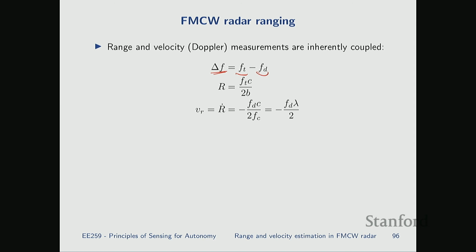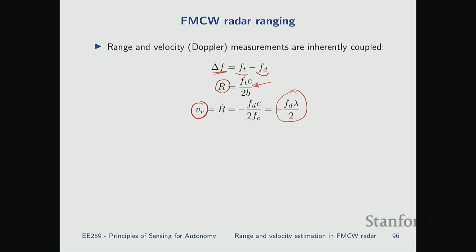Range depends on f_t by this formula, f_t times c divided by 2 times the slew rate, and the radial velocity depends on the Doppler shift via this formula, negative Doppler shift times lambda over 2. Okay.